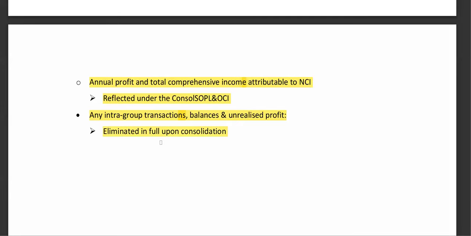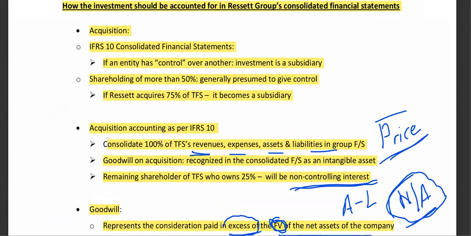So those intra-group transactions and related accounts would cancel each other out, because we now prepare accounts for one company, and we would be canceling those transactions out to represent the group performance. So that is how we have structured the answer.